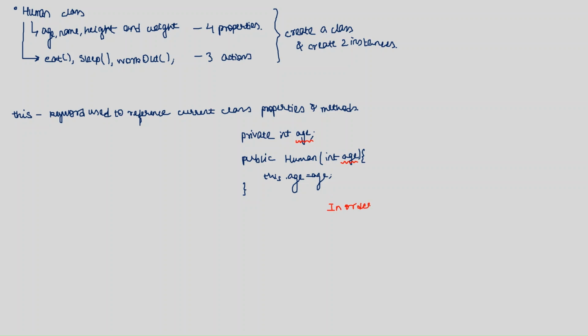In order to avoid confusion and to implement data hiding, we use the this keyword.